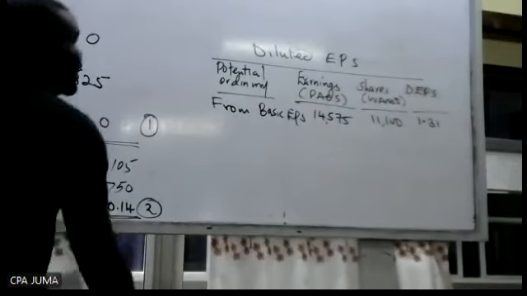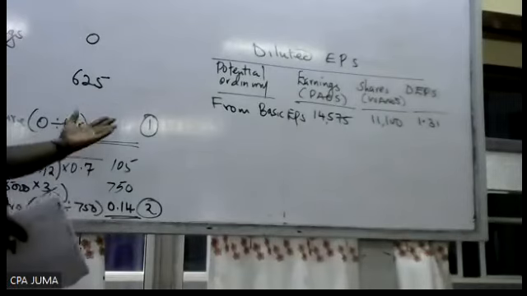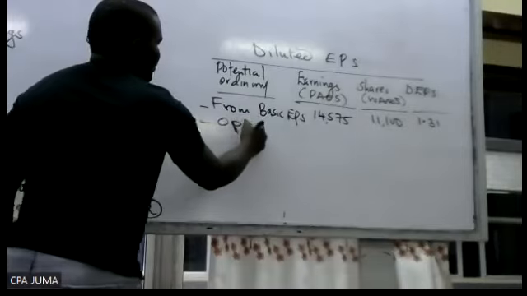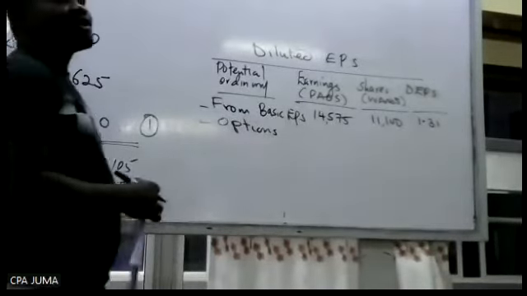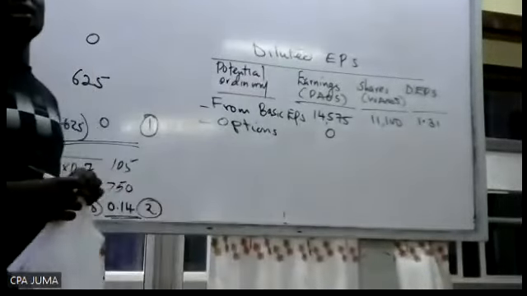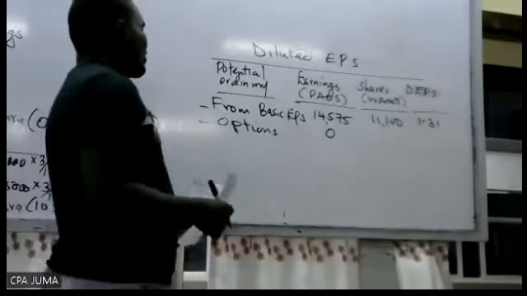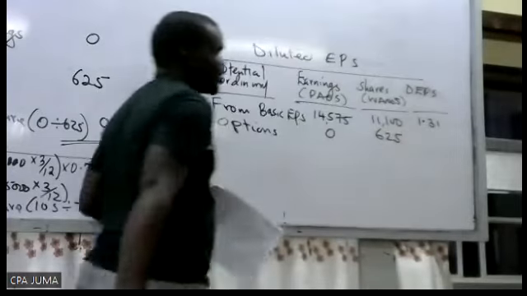So now you welcome them based on the ranks. The one which was ranked number 1, let it come: options. When options come, your profit will not change. It will remain constant. Then the ordinary shares will increase by 625.